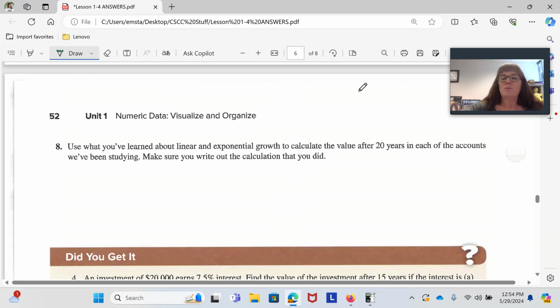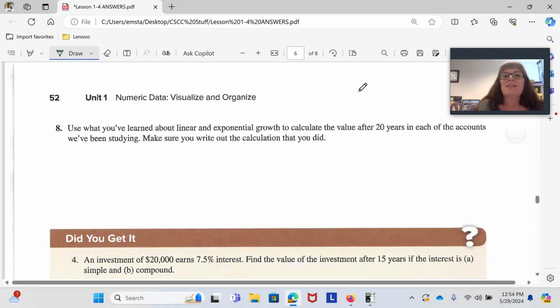Page 52. It says, use what you've learned about linear and exponential growth to calculate the value in each of the accounts we've been studying. Make sure you write out the calculations you did. So account 1 was the simple interest. And you'll see more of this in the group work. So we're kind of getting you ready for the group work, and the group work should come fairly easy.